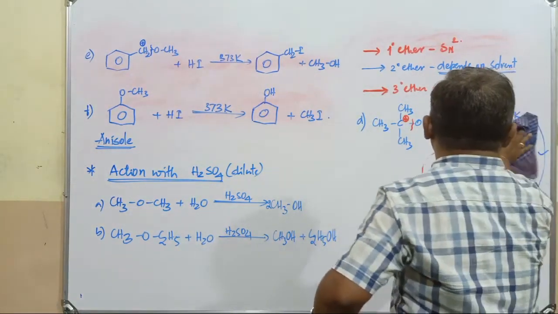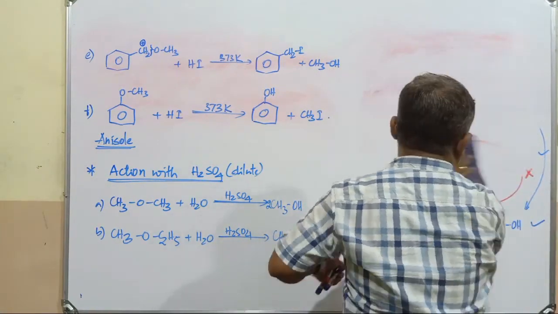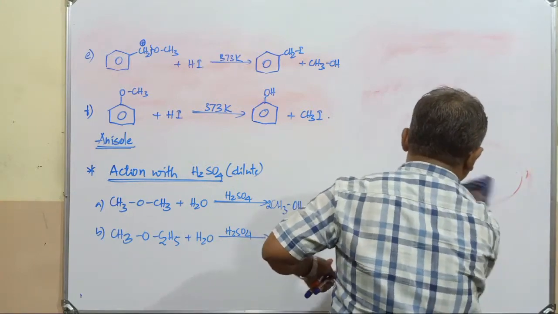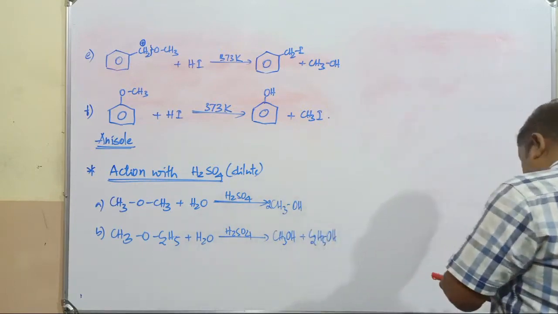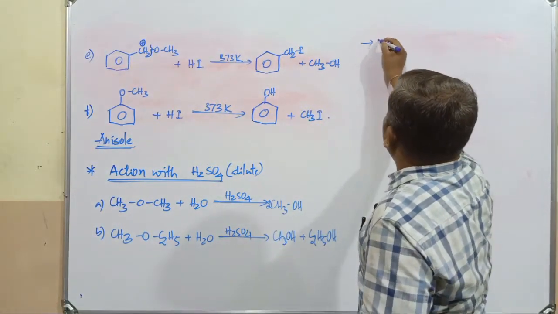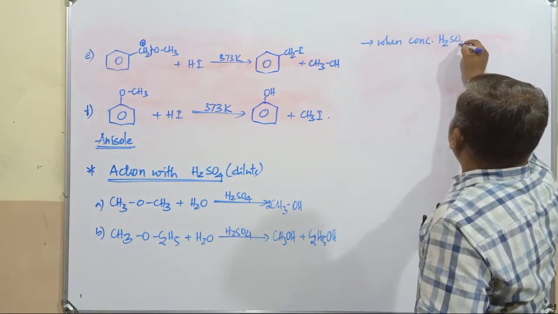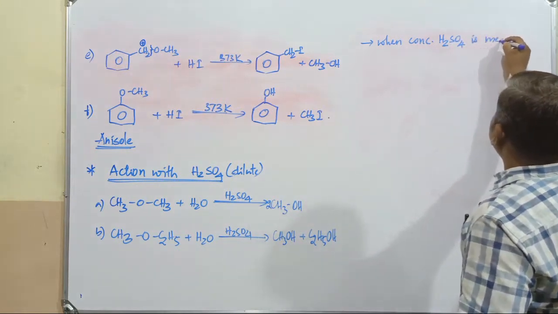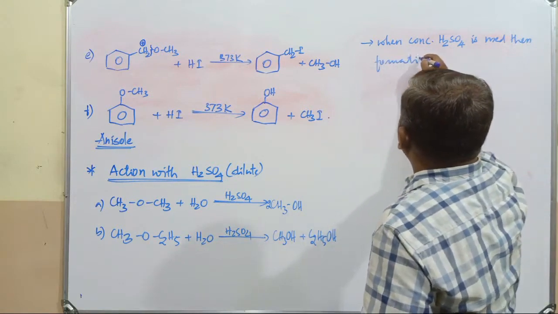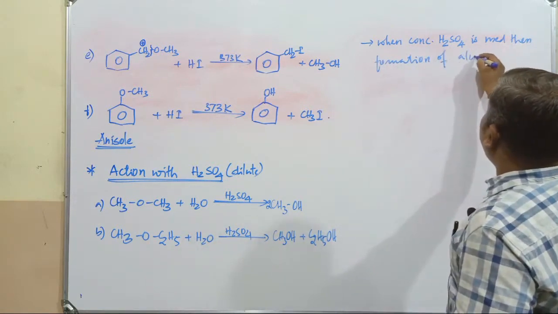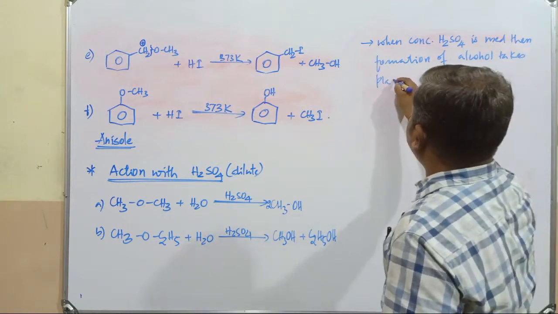So what is the action of concentrated acids on these ethers? Remember, in case of these reactions, make a note. When concentrated sulfuric acid is used, then formation of alcohol takes place.